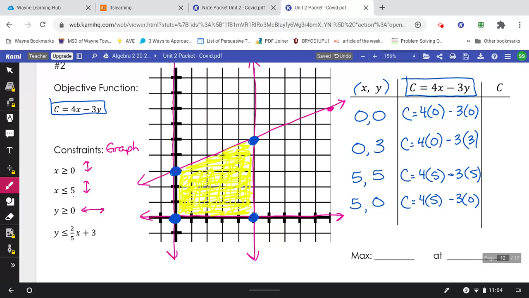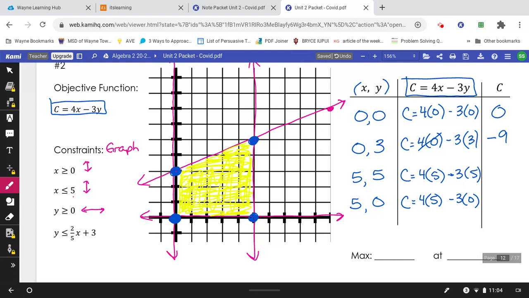A lot of these are zeros, so that means they'll cancel out and we don't need them here. So this first one, 4 times 0 and 3 times 0, those are all zeros, so I get a 0. Here, 4 times 0 is nothing. And then negative 3 times 3, negative 9.